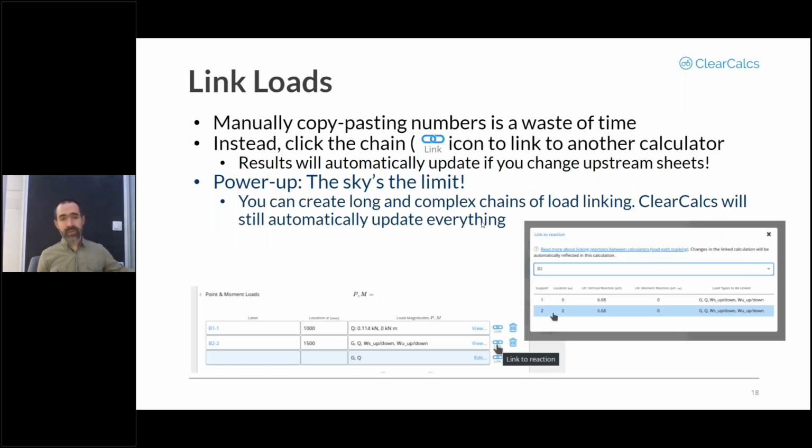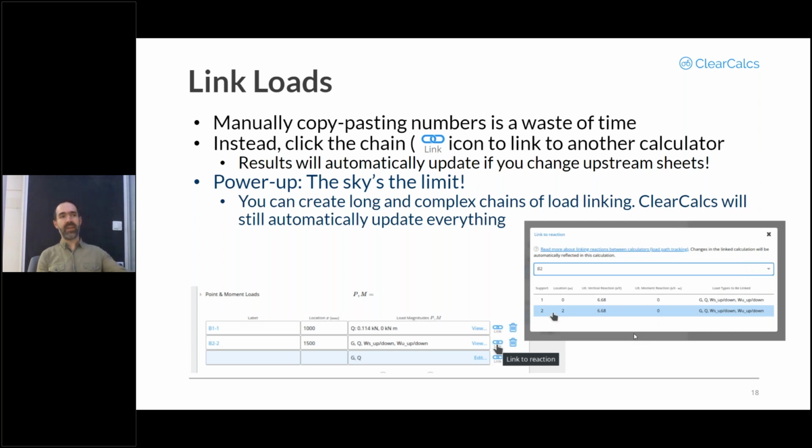So, linking loads. Hopefully most of you have encountered this somewhere, but manually copy pasting numbers we know is a waste of time. Instead, you can click the chain icon next to the point loads or concentrated loads on any of our calculators in order to link to another calculator. And the results will automatically update here. So we keep track of those links.